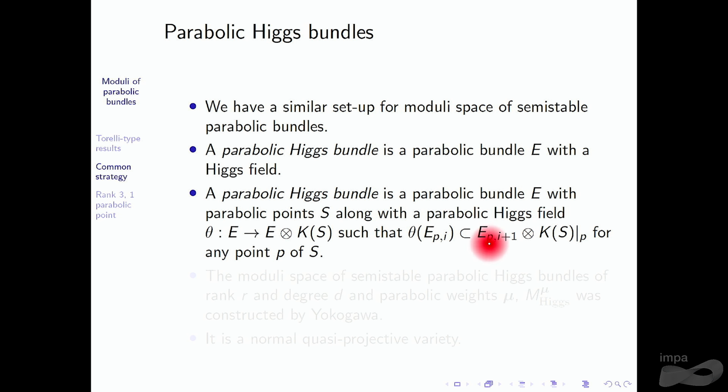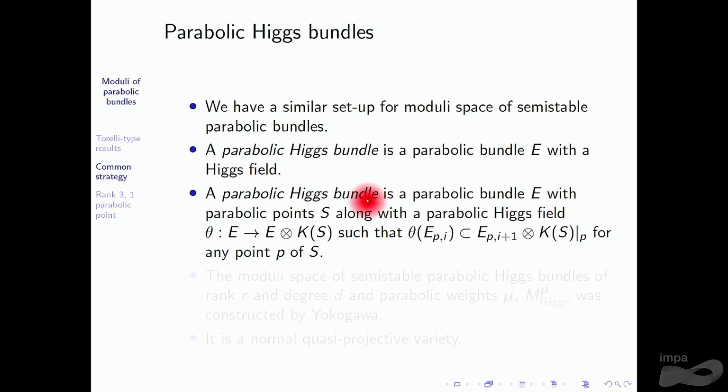This parabolic Higgs field is again a homomorphism from E to E tensor K_S. Here again this is my canonical bundle, but twisted with the divisor S, the S being the points P1 to Ps.